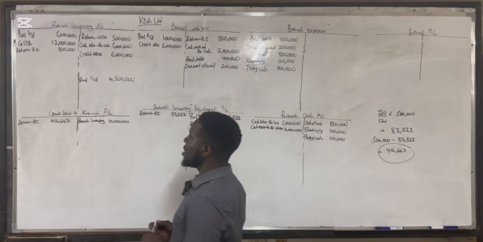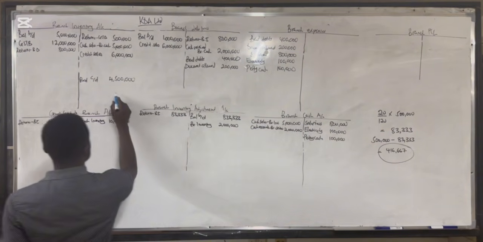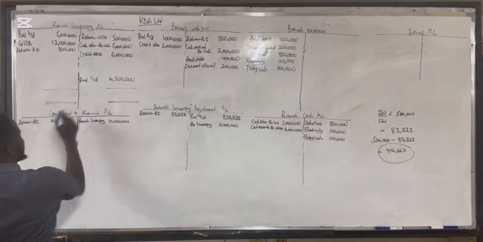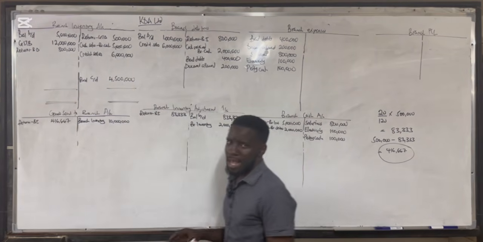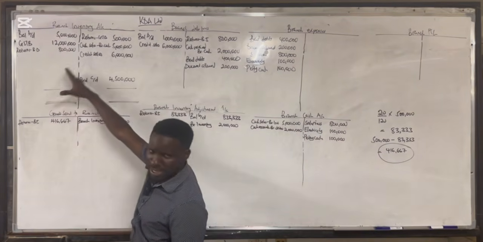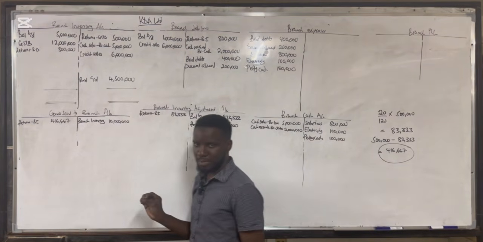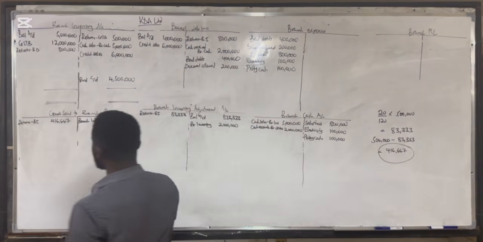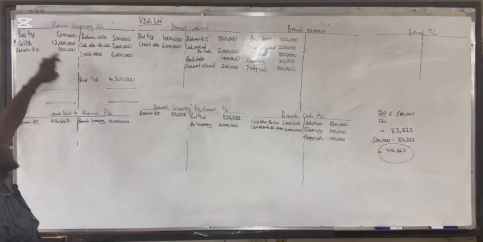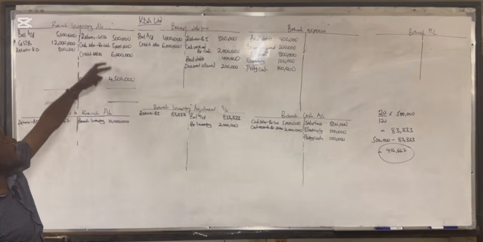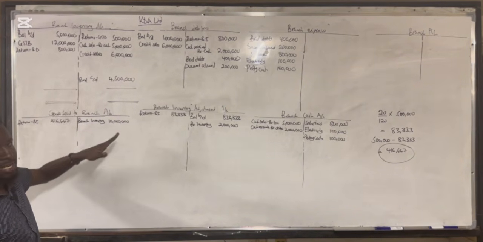Now, once we are closing up the branch inventory account, ideally this account should be equal. The debit side and the credit side should be equal. Now, if they're not equal, then obviously there is a balancing figure. For example, look at this. On the debit side, we have 17,800,000, and then on the credit side, we have 16 million.